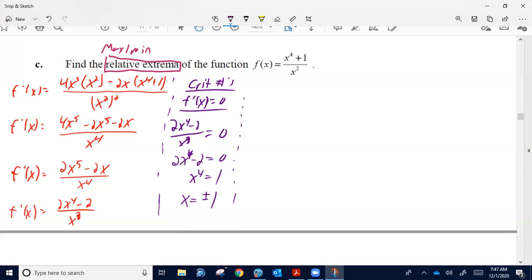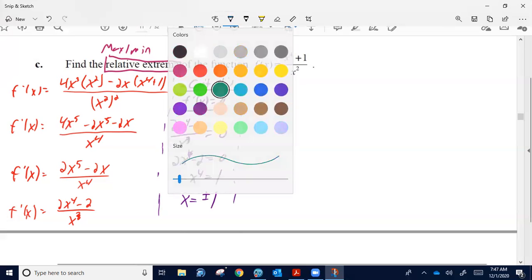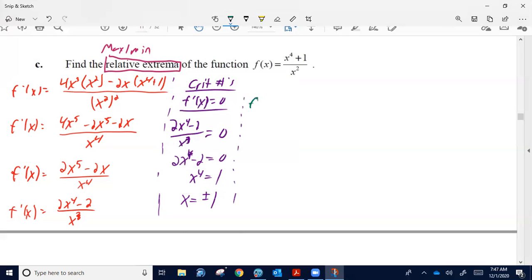Now, there's another critical number here, though. Remember, critical numbers mean derivatives equal to 0 or f prime is undefined. Well, we're undefined typically when you have fractions, and the bottom of the fraction can't be 0.